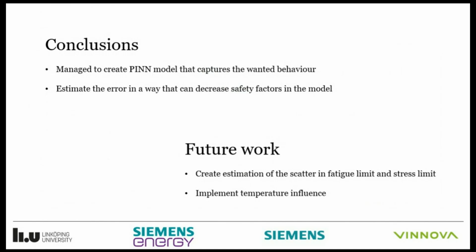For our future work, we would like to have some kind of scatter band also for the fatigue limit and stress limit, but right now the mathematics is a bit in the way, so it goes towards the physics-informed model. That part is still ongoing, and then we would like to implement some temperature influence.